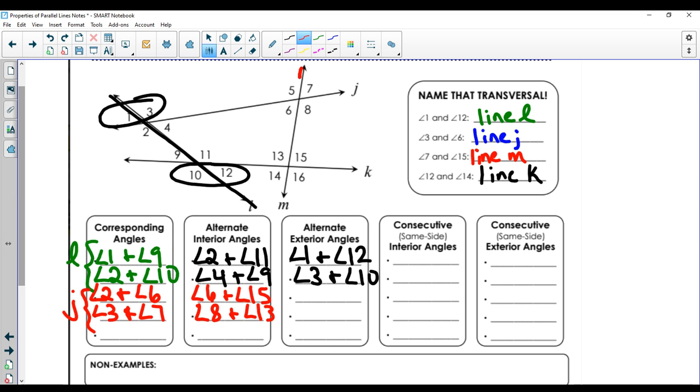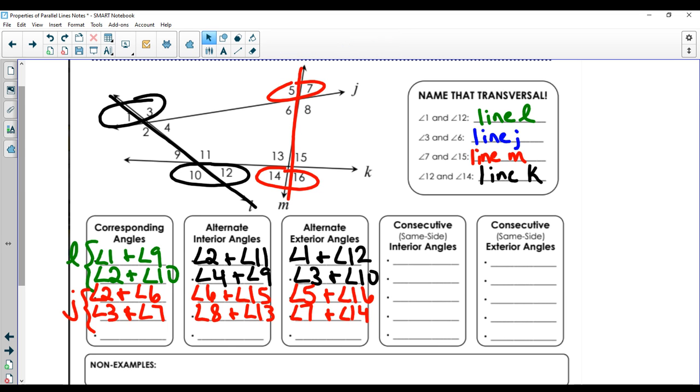Let's look at the other. Let's look at M as a transversal. Your exteriors are 14 and 16 and 5 and 7. And now we want to be on opposite sides. So if we start with angle 5, his pair is going to be angle 16. Then if we go to 7, that will be angle 14. Okay?